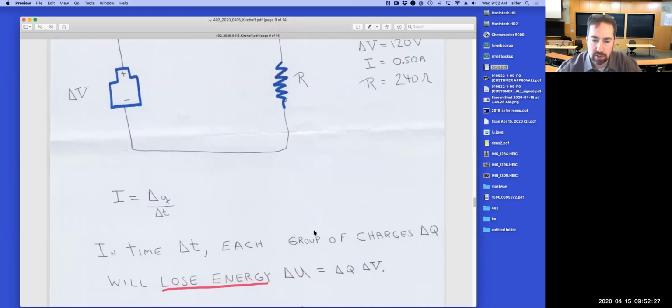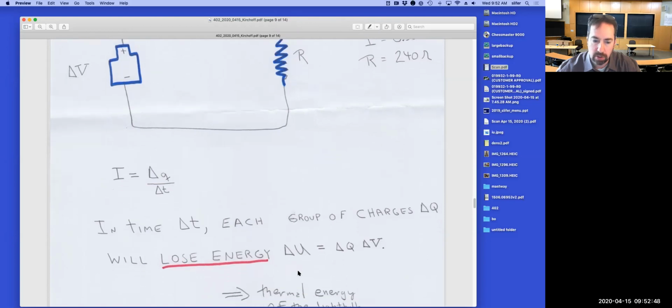But as this charge flows through the circuit, it will lose energy. If you go back to our definition of the potential energy of a charge going through a potential difference, delta U equals delta Q delta V, right? That's just charge times potential gives me the change in potential energy.